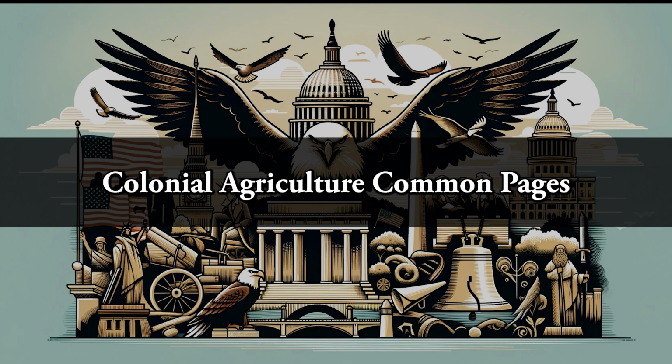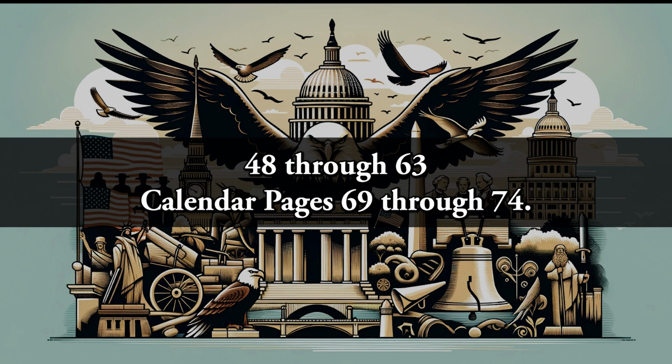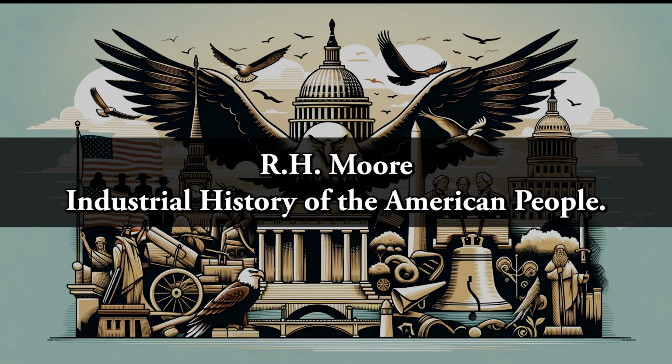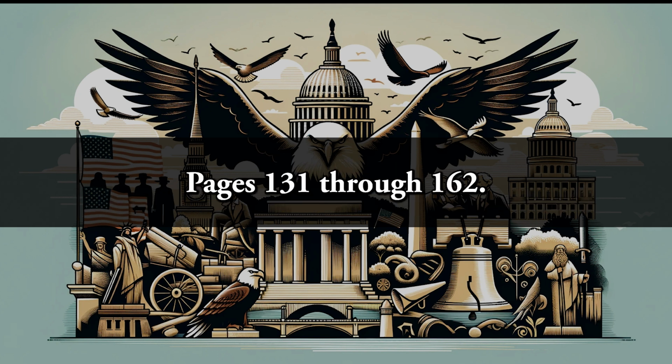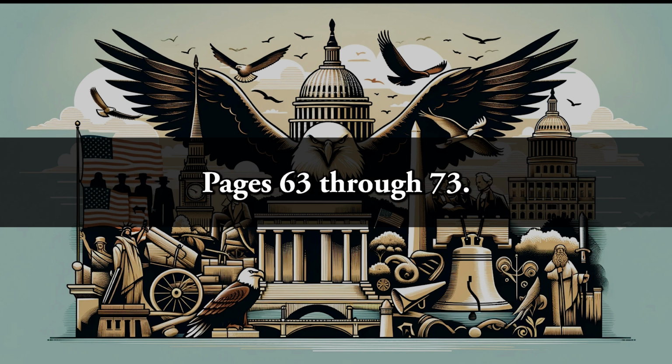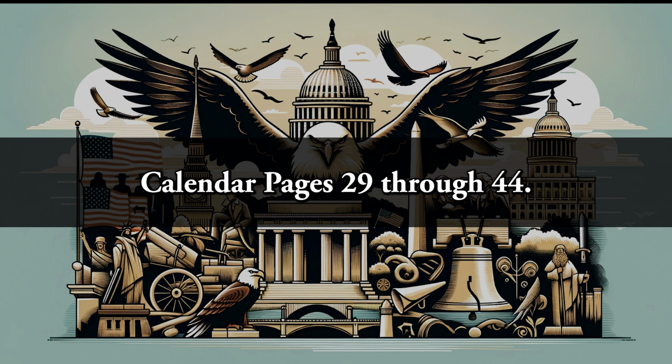Colonial Agriculture, Coman, pages 48 through 63. Callender, pages 69 through 74. Reference, J.R.H. Moore, Industrial History of the American People, pages 131 through 162. Colonial Manufactures, Coman, pages 63 through 73. Callender, pages 29 through 44.